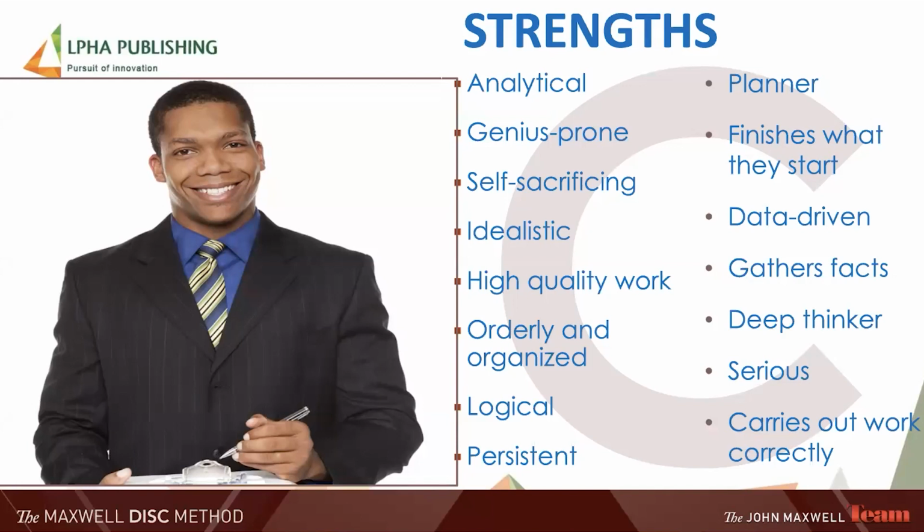Planner, yes. Planner, orderly, organized, absolutely. Self-sacrificing, absolutely. As an educator, you must be self-sacrificing. Persistent, high-quality work. Idealistic, absolutely. Organized, logical, analytical. These are very, very important. Self-sacrifice carries out the work correctly.